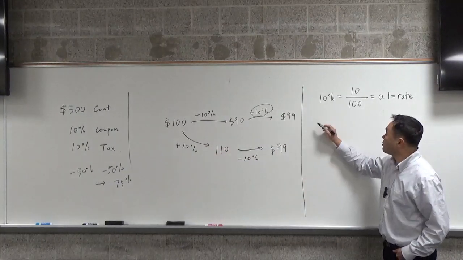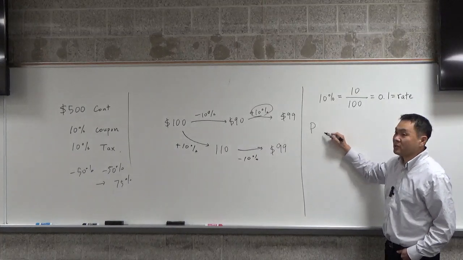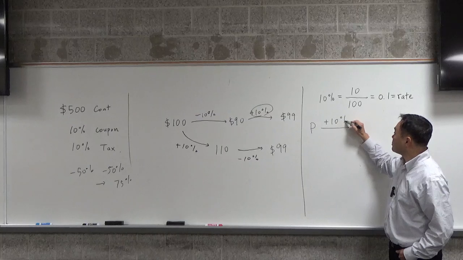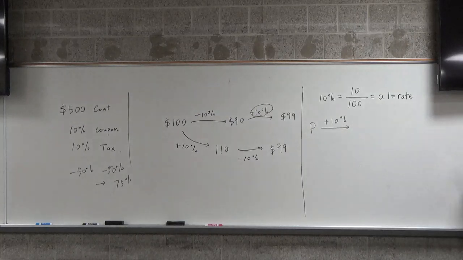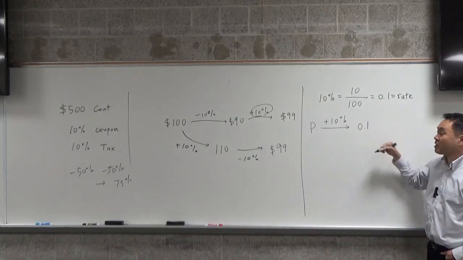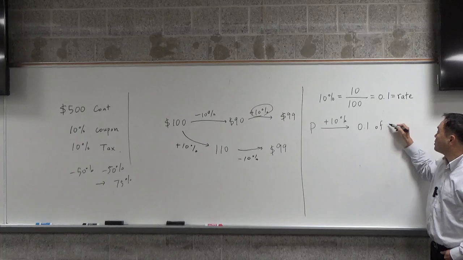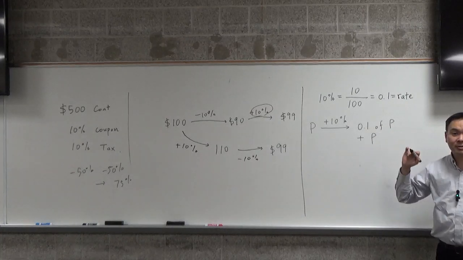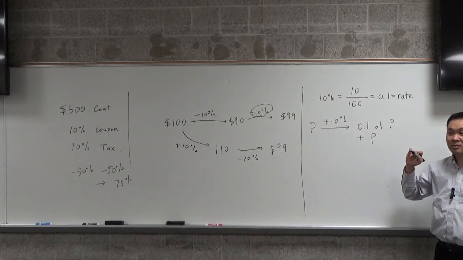If you have original price P, and this went through a plus 10% increase, then what happens is that you take 10%, 0.1, which is 10% of P, added to the original P. Does that make sense?